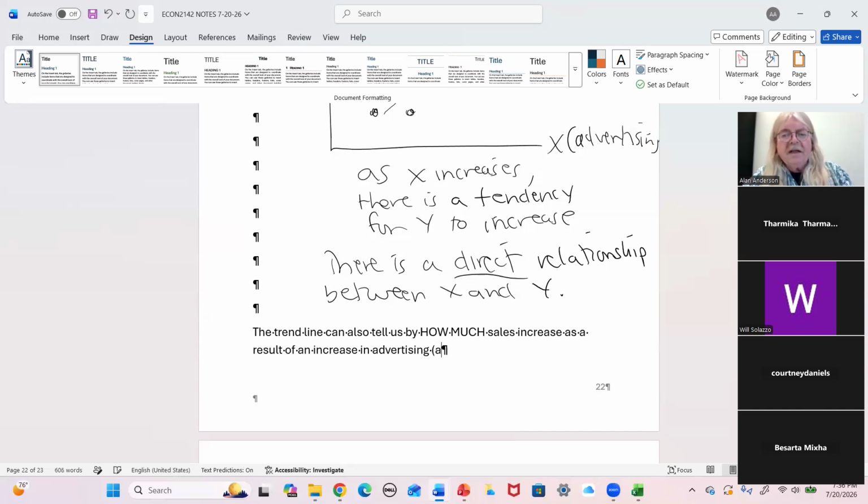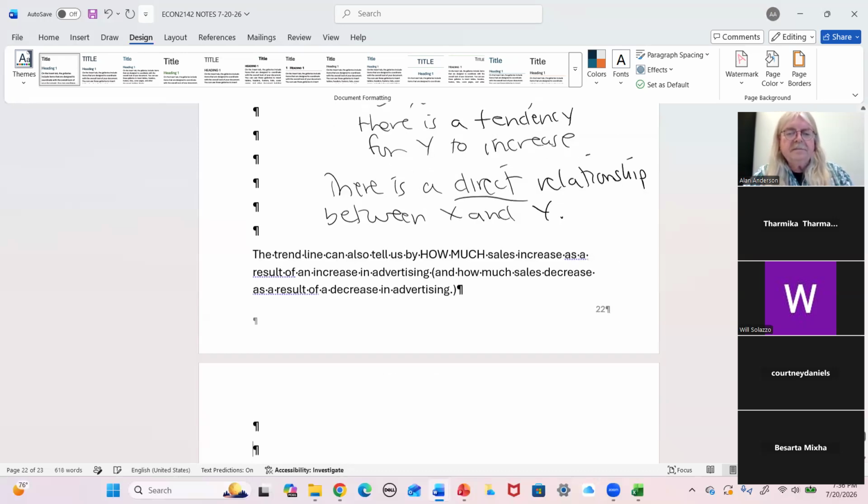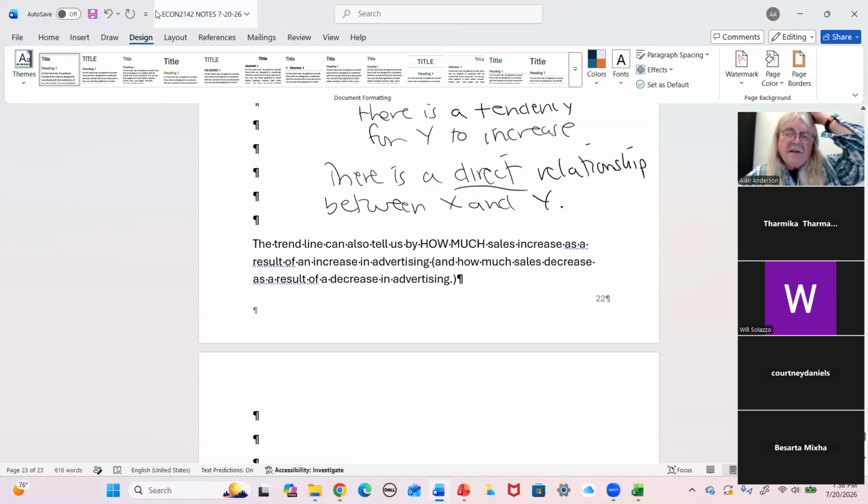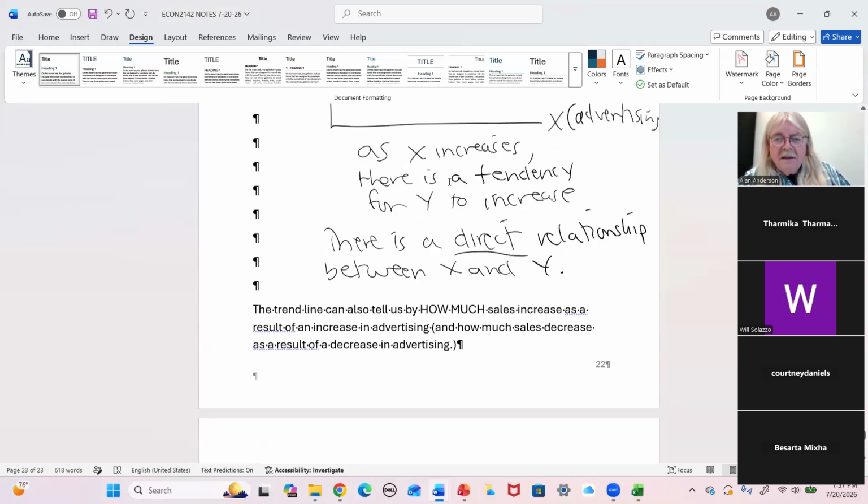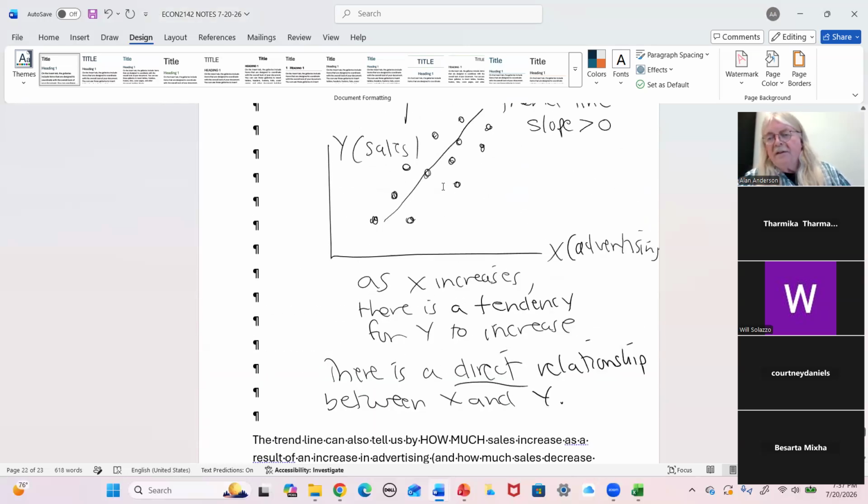It means, of course, and how much sales decrease as a result of a decrease in advertising. So in other words, imagine if I wanted to know, if I spend 1 million more dollars on advertising, how many millions of dollars will my sales go up? That's an important number. And we can derive that with regression analysis.